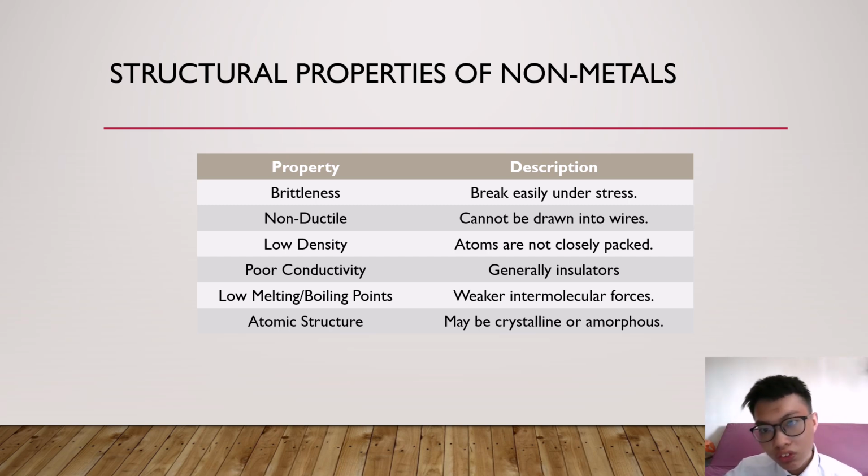For the description, it is easily understood: it cannot be drawn into wires. The atoms are not closely packed. They are generally insulators. They have weaker intermolecular forces. And lastly, the structure may be crystalline or amorphous.